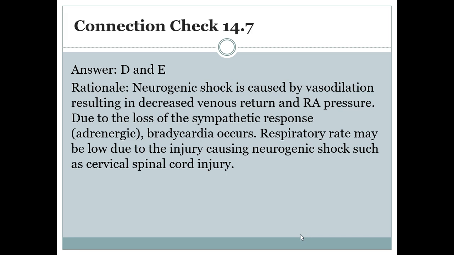Due to the loss of the sympathetic response, bradycardia occurs. Respiratory rate might be low due to the injury causing neurogenic shock, especially if it's like a cervical spinal cord injury.